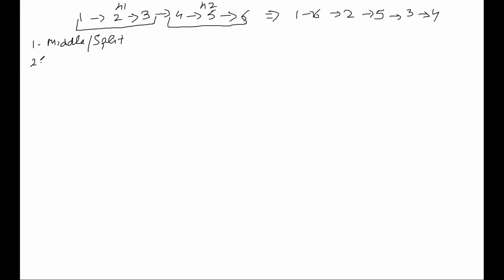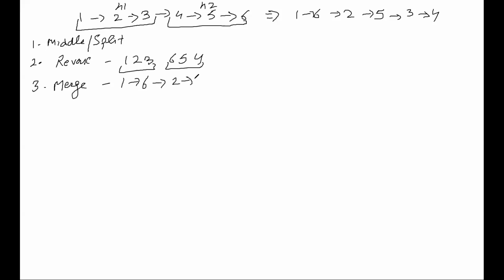In the second step, we are reversing the second list, H2, so we have 1, 2, 3 and 6, 5, 4. Then in the third and final step, we will merge these two, picking the first element from H1 and pointing it to the first element 6, then 2, 5, 3, 4.